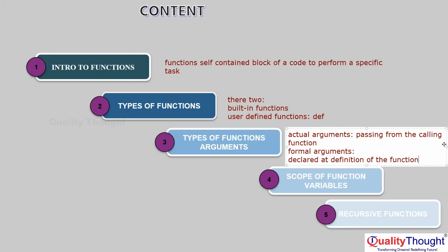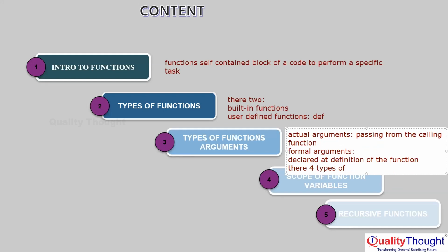Now I'll be talking about a little more: the types of formal arguments. Within the formal arguments, there are 4 types.